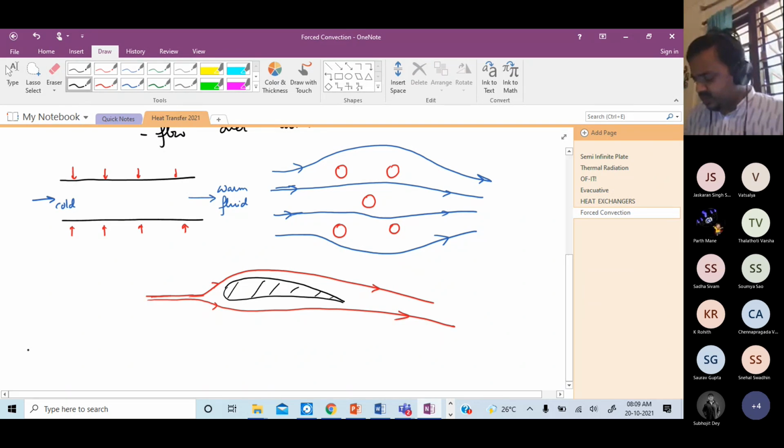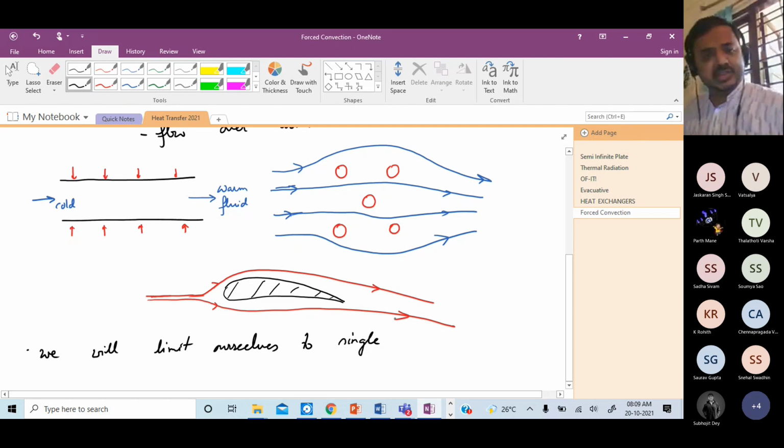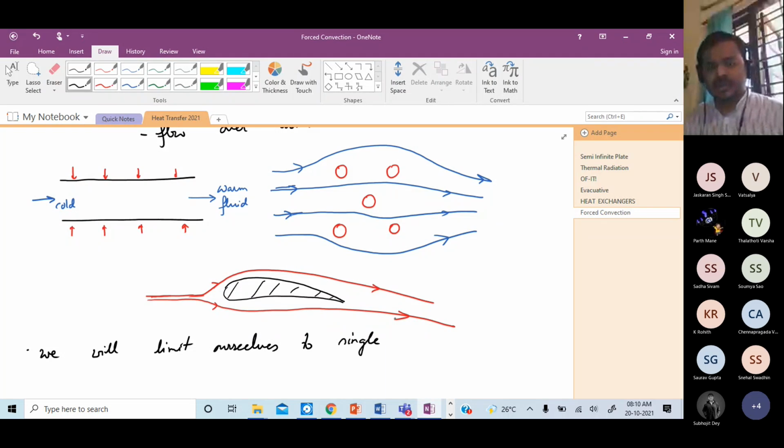The other thing I'll say at this point is that we'll limit ourselves to single phase. When the fluid is coming out, there is no change of phase, say from liquid to vapor, or if it's cooling, from vapor to liquid. So there's no boiling or condensation.